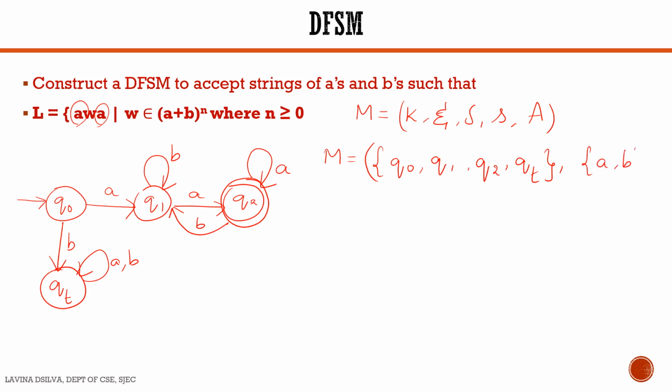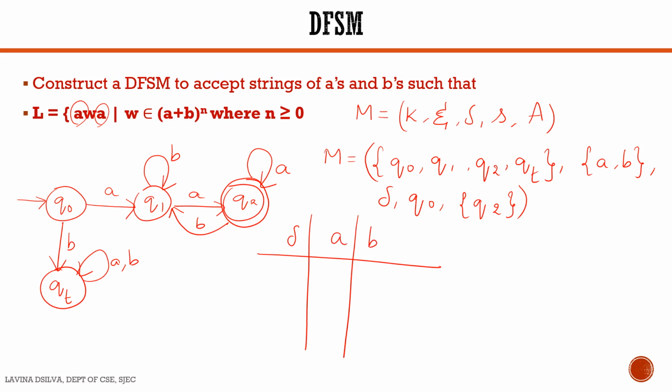A comma B is our alphabet. All the transitions, we'll write in the form of a transition table. The start state is Q0, the accepting state is a set of states, so inside the set representation, and transitions.